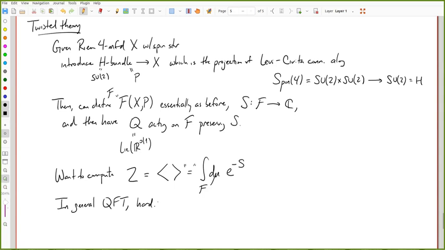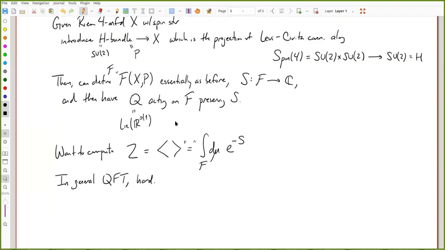Then you have to deal with hard questions of what happens when you make the lattice finer and finer. So in general, there's a huge body of literature on how you might try to do it, but it's generally something hard, and you don't typically expect to get an exact answer. Here, the situation is very different. And it's different exactly because we're in this funny situation of having a field space which has one odd symmetry acting on it.